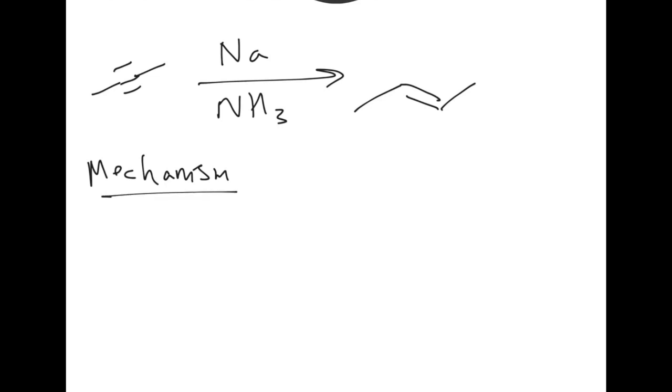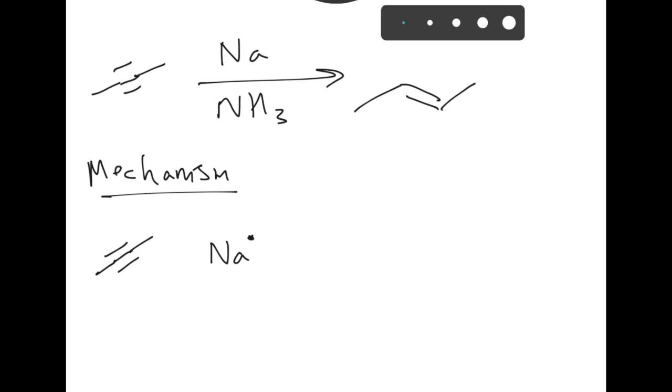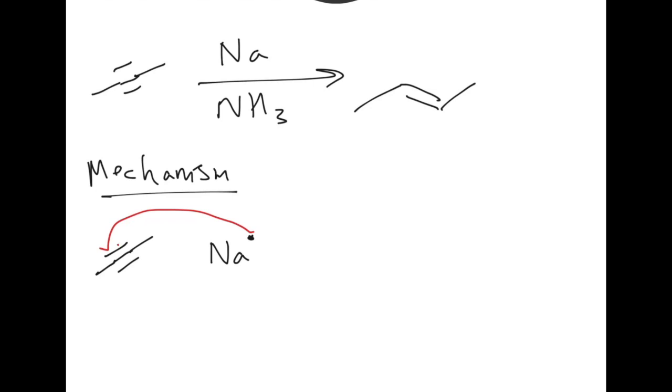So when you have sodium and you dissolve it in ammonia, basically you make a bunch of sodium radicals, which can then react with your alkyne. Gotta do it this way to do it better. So it's gonna go to the carbon.